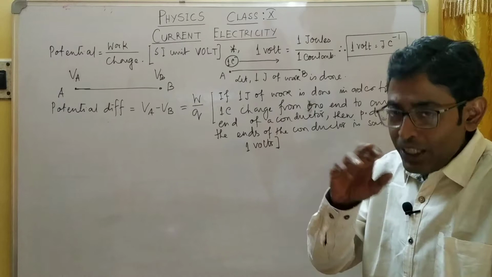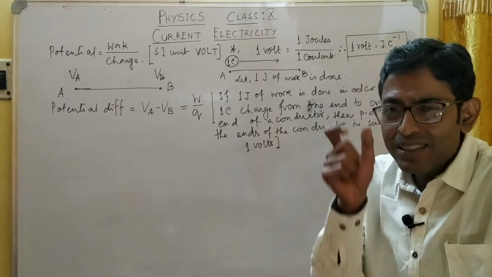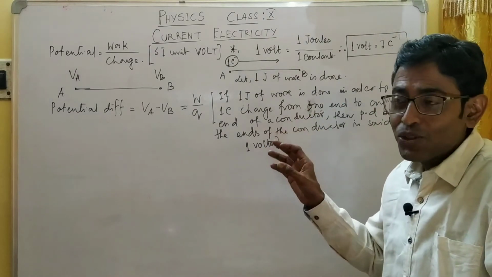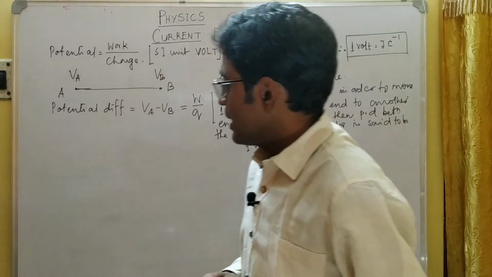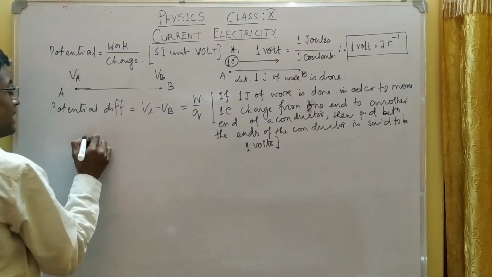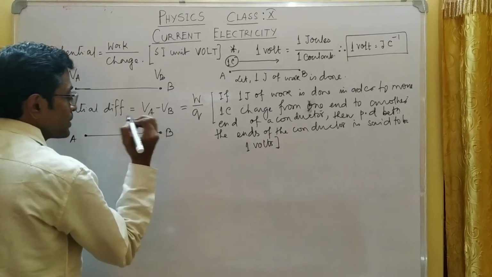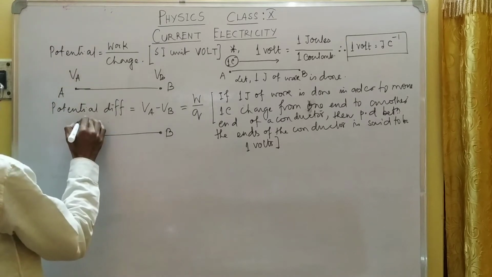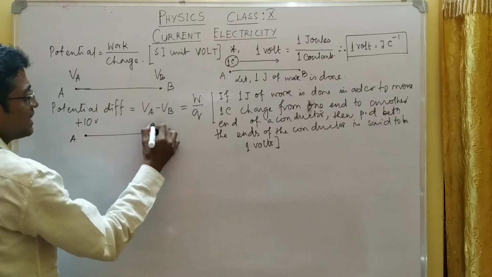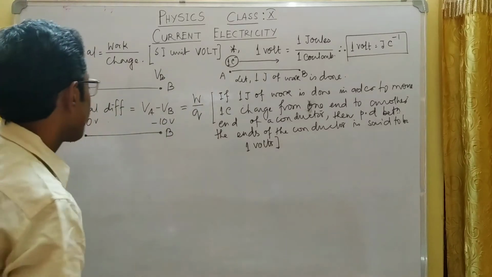Remember. So in order to relate this potential and current, there is a bridge, a key thing which actually relates them. Now see, I'll give you a simple example. I have taken a conductor AB, A and B. I have told you that this is plus 10 volts and this is minus 10 volts. So what am I actually telling?